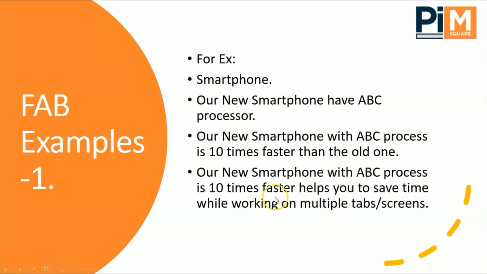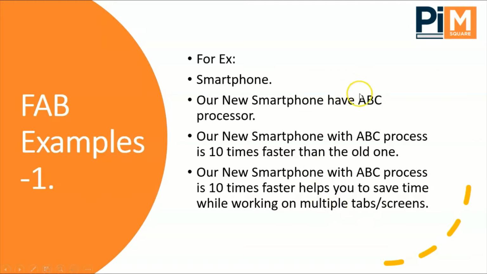If the ABC processor is there in your product and works 10 times faster than the older one, then the customer will save time while working on multiple tabs or screens, and can finish the work as soon as possible. So that means there is a benefit for the customer to save time, as well as to do the work at the quickest rate possible. So this is the benefit for the customer.